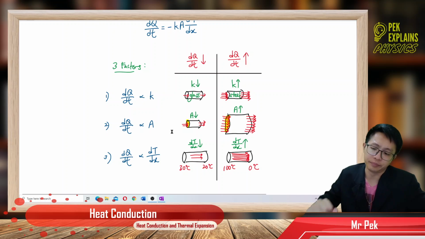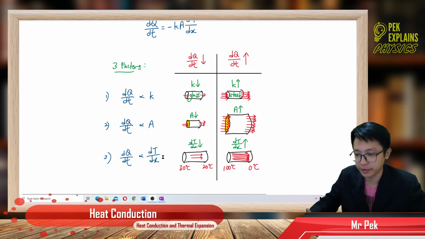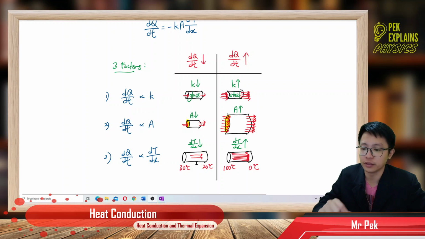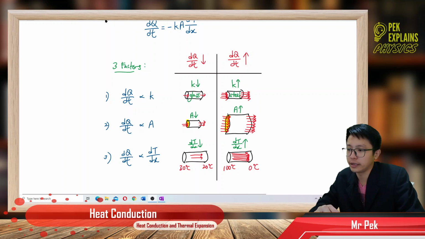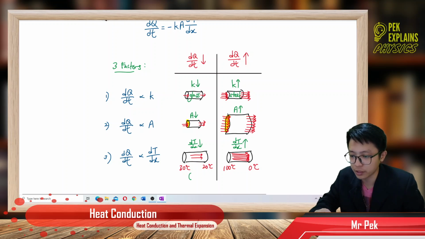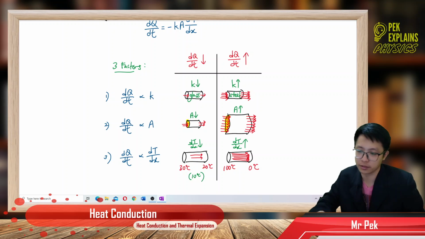So lastly, about the temperature gradient. Rate of heat flow is also proportional to the temperature gradient. Why? Temperature gradient is about the difference in temperature. Like this first one, the difference in temperature is only 30 minus 20, which is only 10 degrees Celsius.